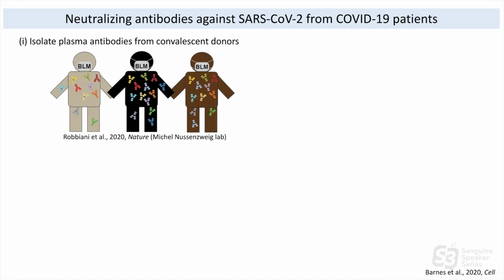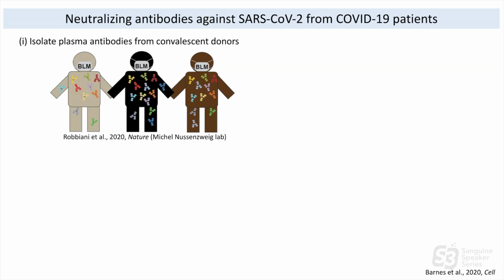They got plasmas from them, and from B cells that they had gotten, they then isolated antibodies, and they got their genes from single B cell cloning, and they expressed them. And so this first paper here from the Nussenzweig lab describes the cloning of monoclonal antibodies from about 140 or 150 donors in the New York area, early in the pandemic, I should say.